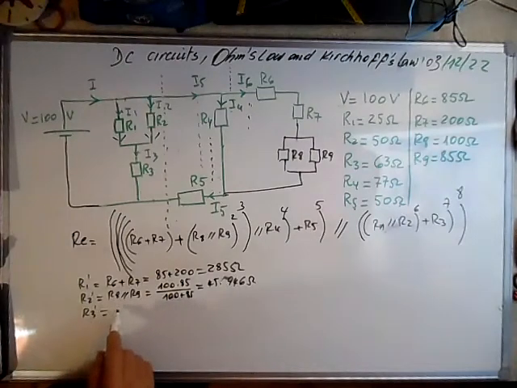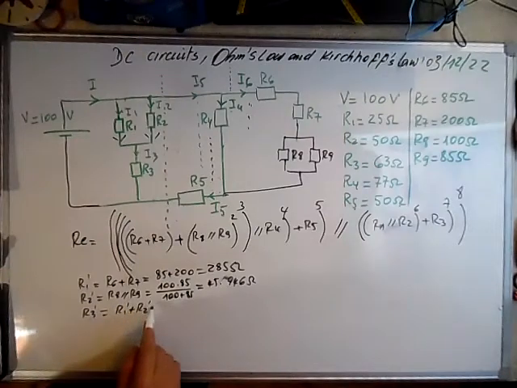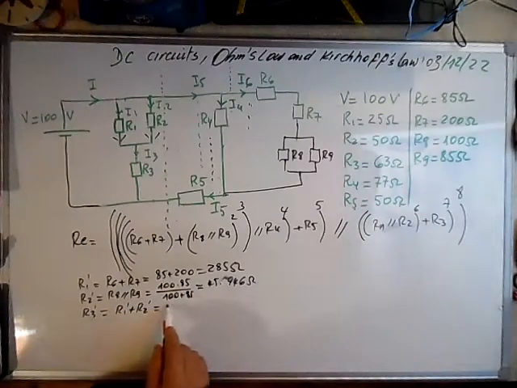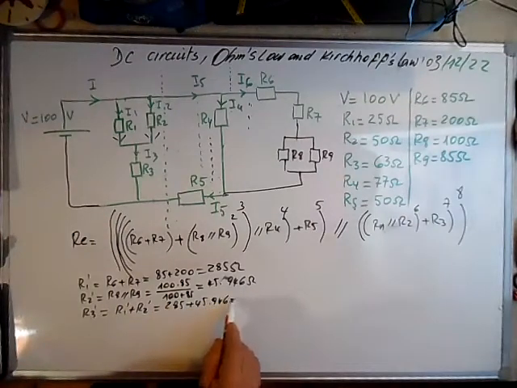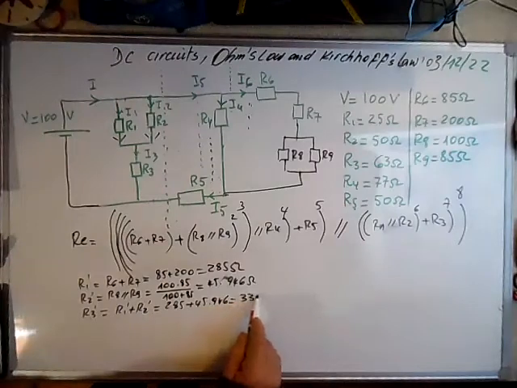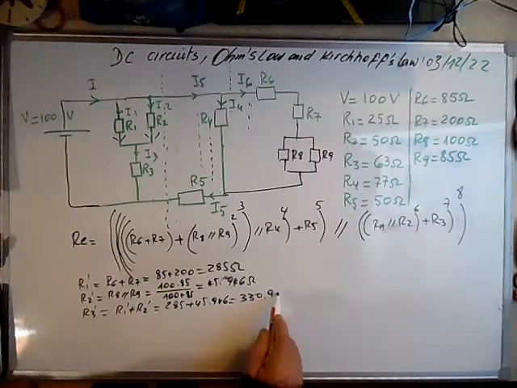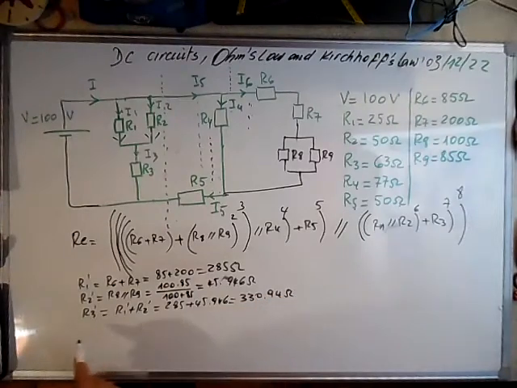R3 prime is R1 prime plus R2 prime, which are in series. This is 285 plus 45.946, which is equal to 330.94 ohms. And here we can calculate R4 prime.